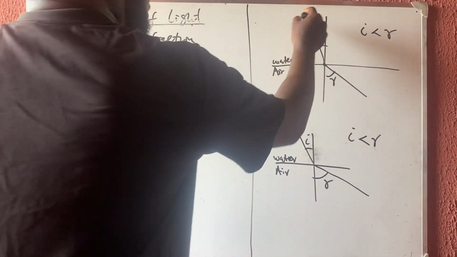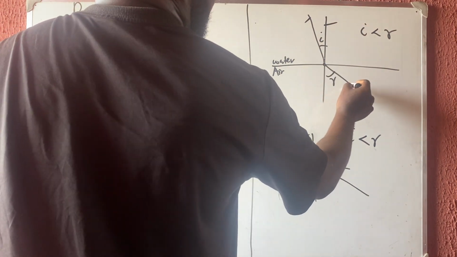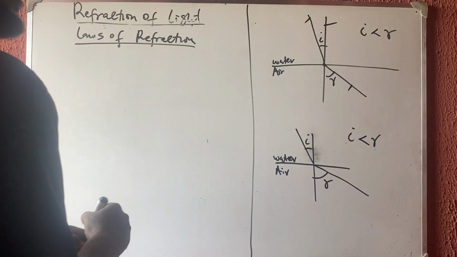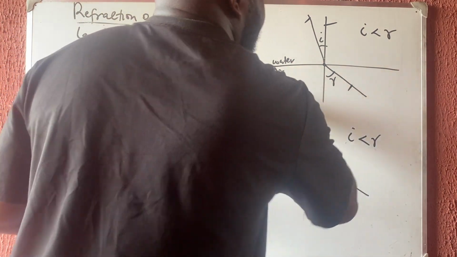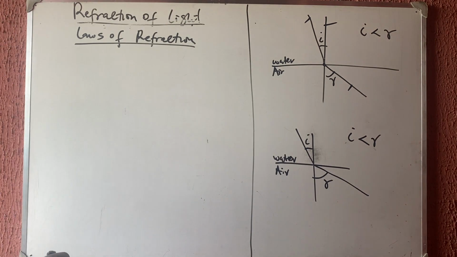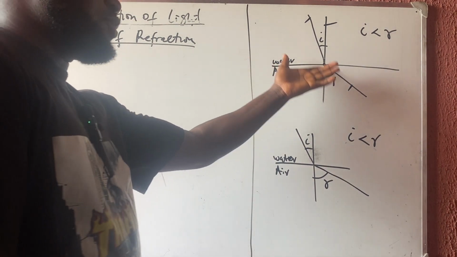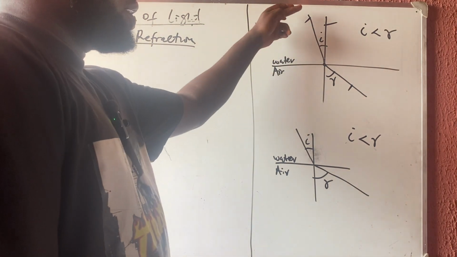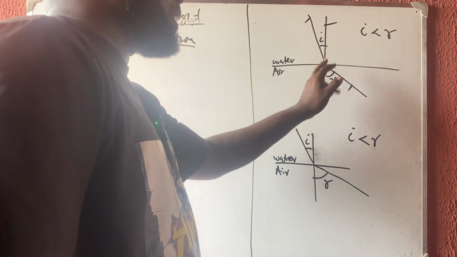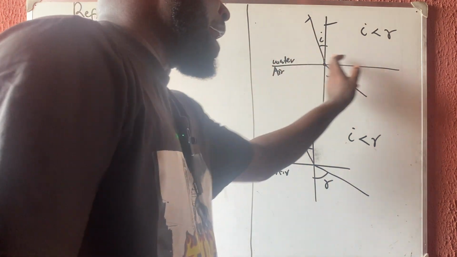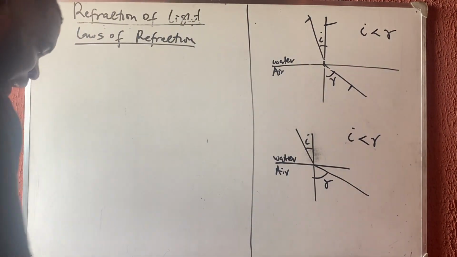The incident ray, the normal, and the refracted ray all lie on the same plane at the point of incidence. It's very simple. If you look at the diagram, you will remember how to state it.